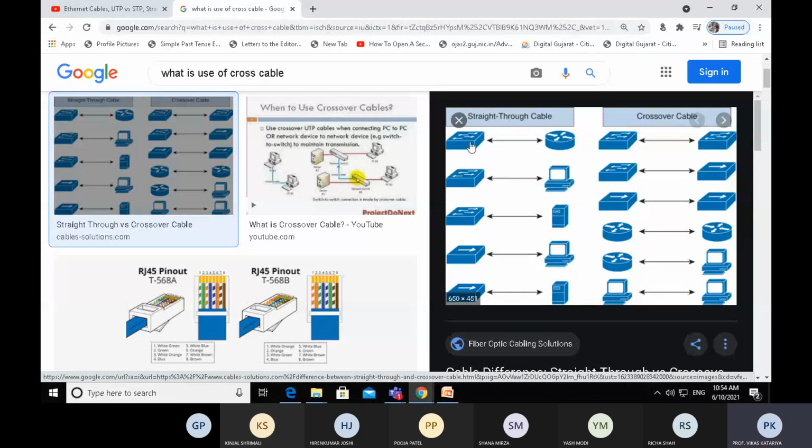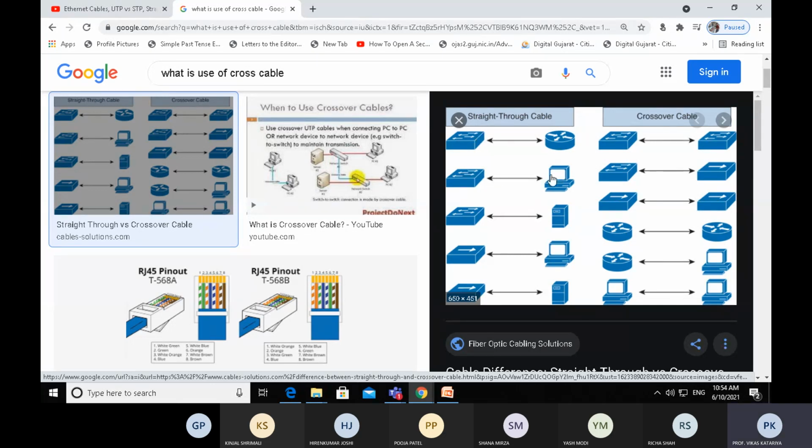But remember, the straight cable is used to connect different types of machines. If you want to connect a router to a switch, then the crossover cable will not work. So you have to prepare a very special cable called a straight cable.